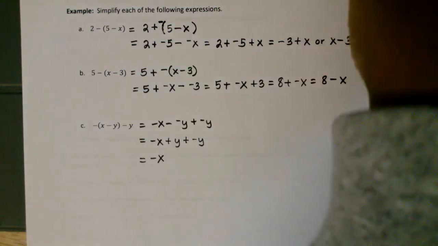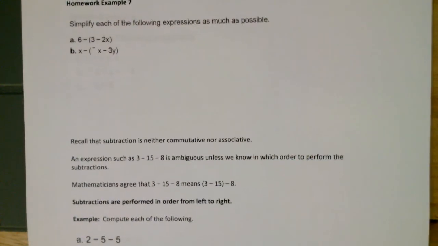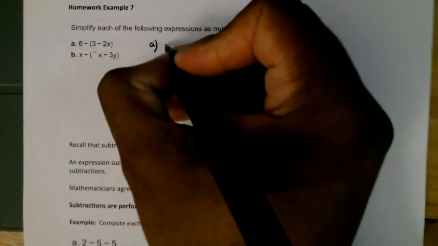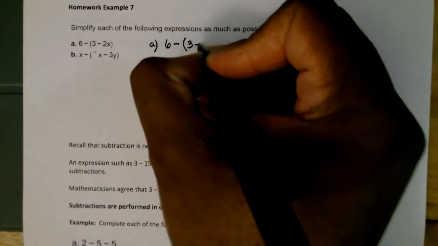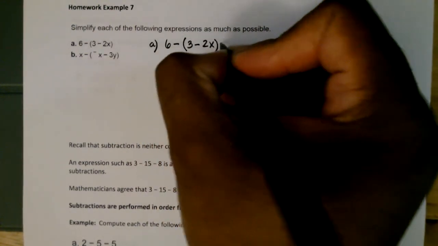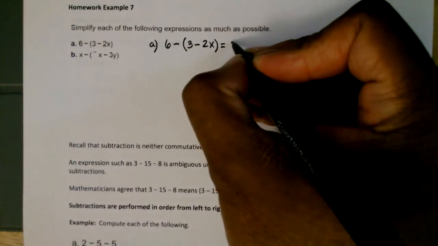Okay. Now let's look at a homework example similar to that. Simplify as much as possible. Start with part A, 6 minus, and in parentheses, 3 minus 2x. Now, if you want to, you can just go do this straightforward.